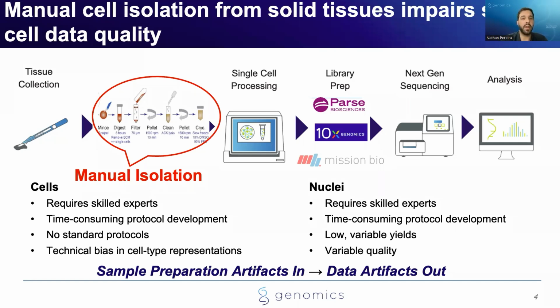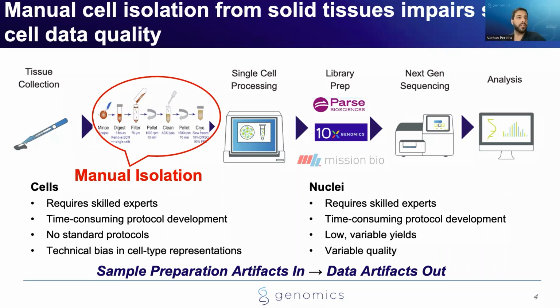So the benefits of an automated platform are standardizing the workflow, so you know what you're going to get out every single time. Similar for nuclei, isolation requires skilled experts. It's time consuming, with low quality, variable yields. Any sort of sample preparation artifacts that you have going into your data are going to lead to data artifacts coming out.